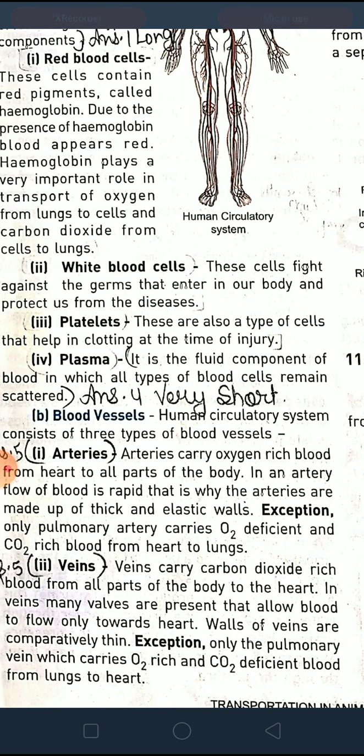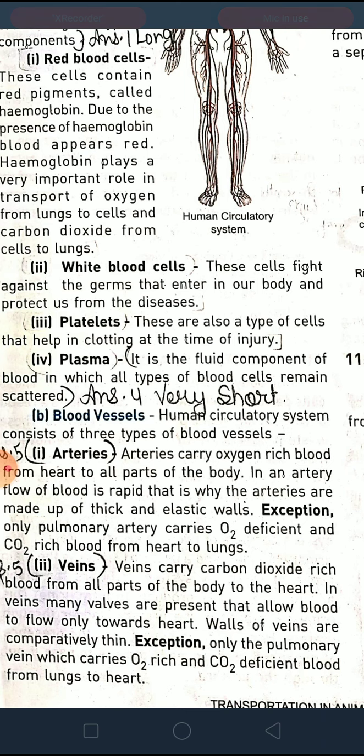Arteries mean pure blood goes from the heart to different parts of the body by the arteries, and veins carry carbon dioxide rich, means impure blood. Veins take it from all parts of the body and give it to the heart for purification.